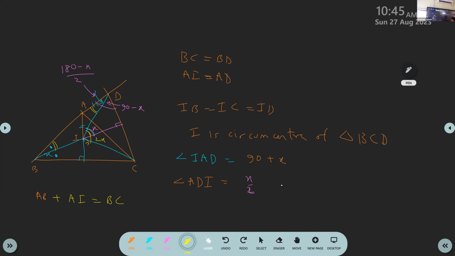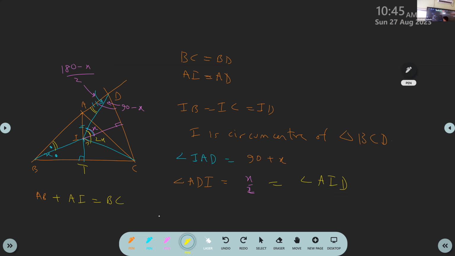That I agree. But then how would I use that? I need some other way to compute AID, then I'll get an equation. So what Rohan is saying, I agree that this angle CID is 2x. And so if I call this point T, then if I find this angle TIC, then I'm done. And I think I can find that angle, right? Because this whole angle BIC, I know.